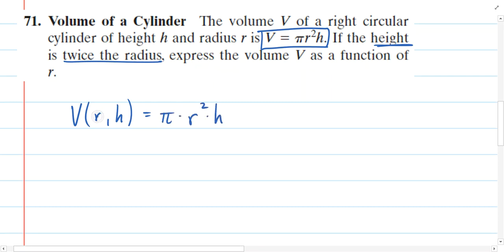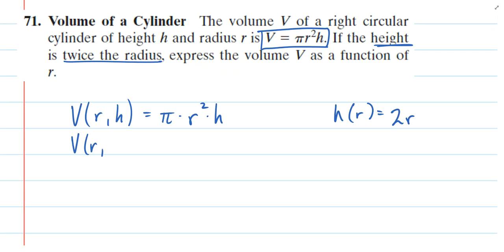If we're supplied an r and an h, we could substitute those 2 components in. We're also told in this problem that the height can actually be determined based on the value of r. The height is always equal to 2 times r. So in this particular case, the volume based on r only could be obtained if we change this h value to 2r.